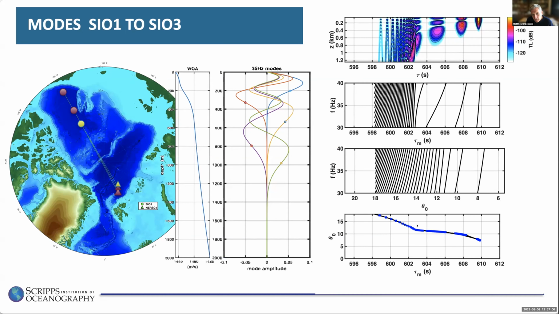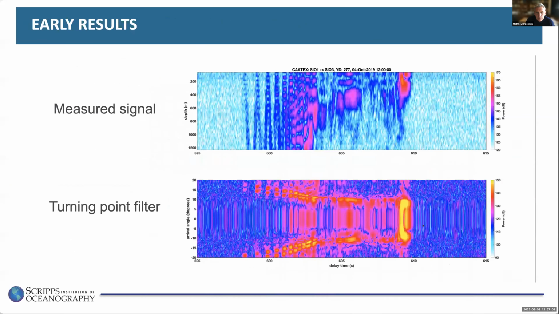The next thing to do is, I presented this picture about the travel time versus angle. We can actually pull that out of this measured time front plot, and we do that by means of a turning point filter. It's just a way of separating out things that have a common horizontal wave number. I think in seismology you do this a lot, probably with arrays.